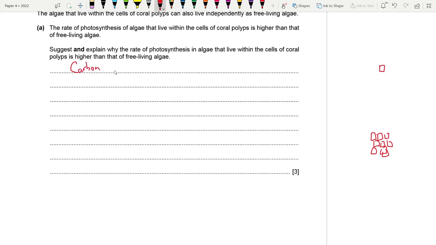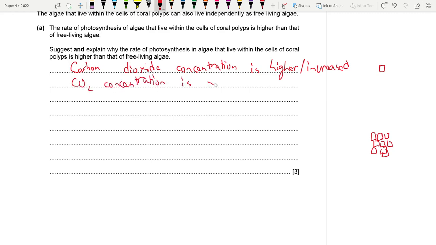So we could say that the carbon dioxide CO2 concentration is higher or increased, right, in the polyp. So CO2 concentration is no longer a limiting factor.